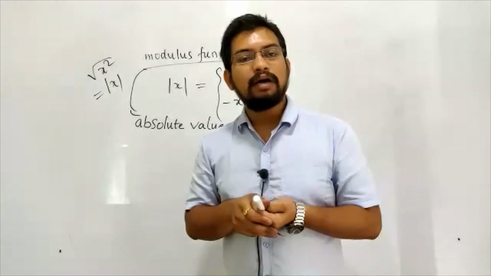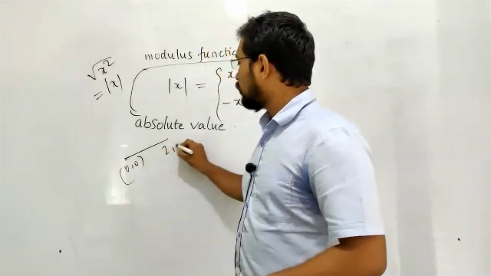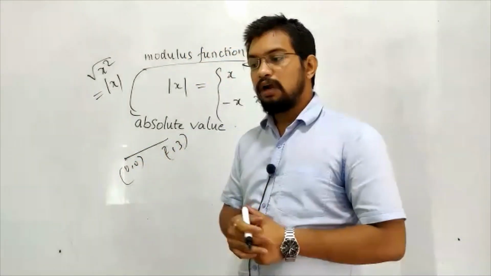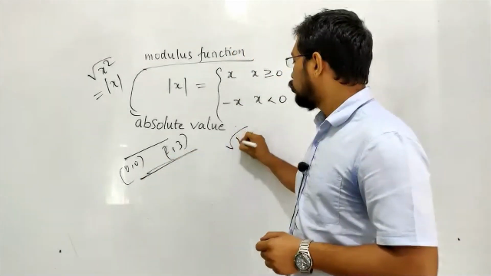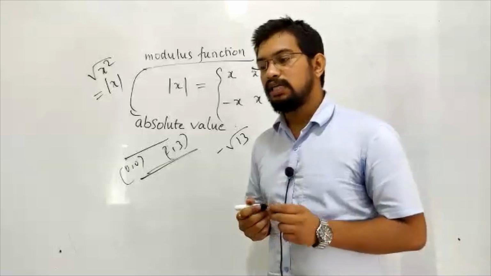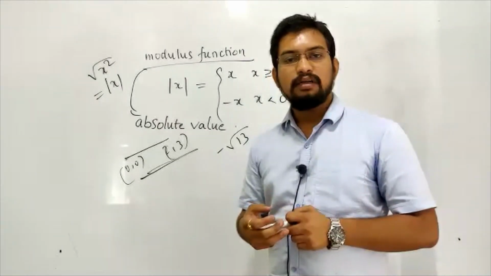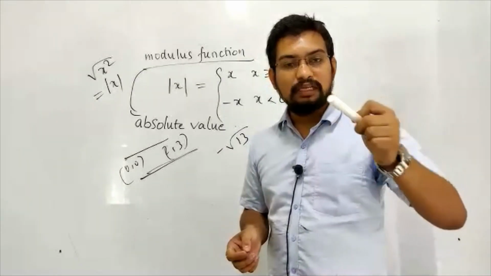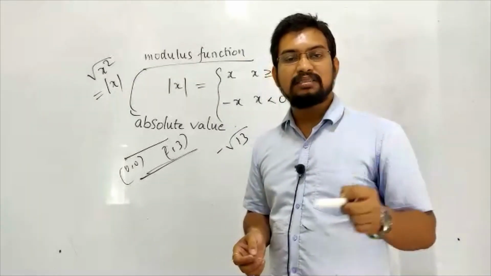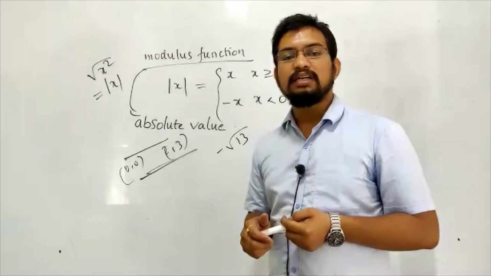Let's say there are 2 points, 0 0 and 2 comma 3. Distance between these 2 points, you'll be writing as root 13. You will never be writing it as minus root 13. Reason? Distance cannot be negative. Absolute value will always depict distance.